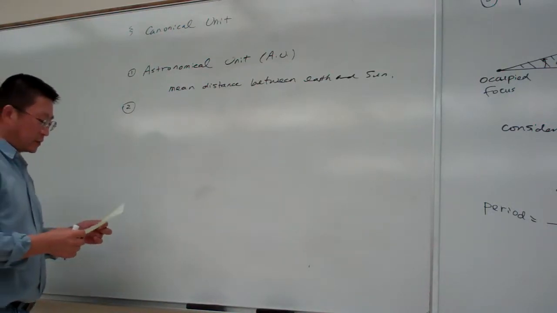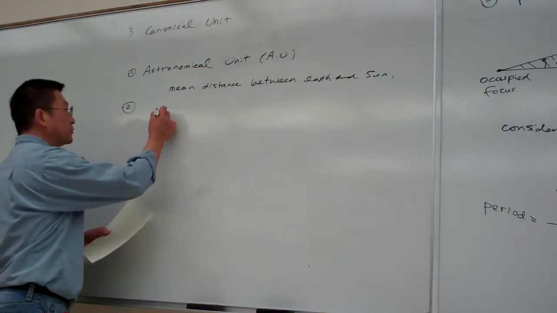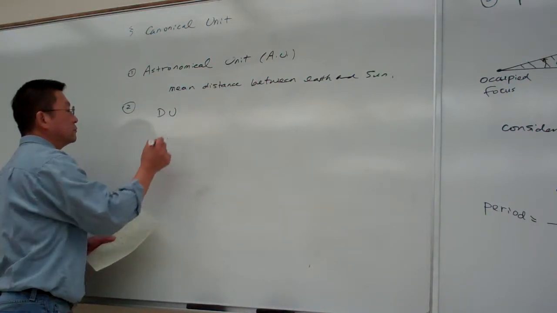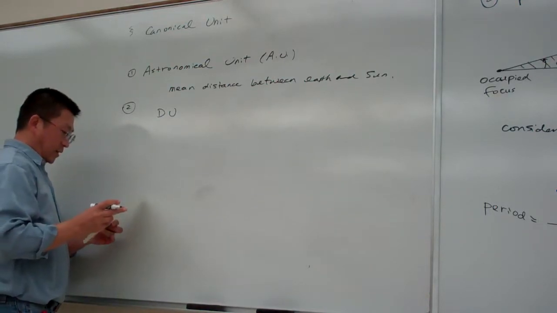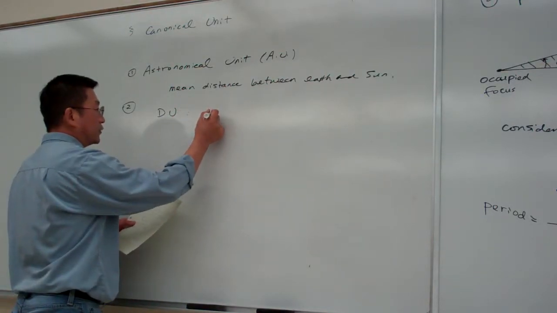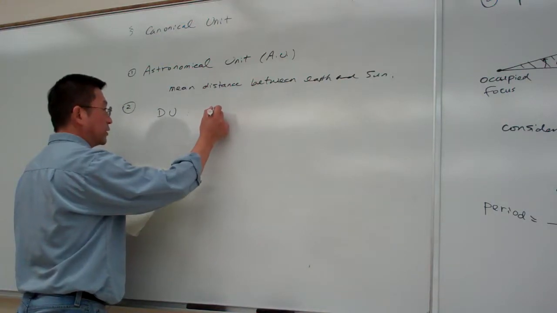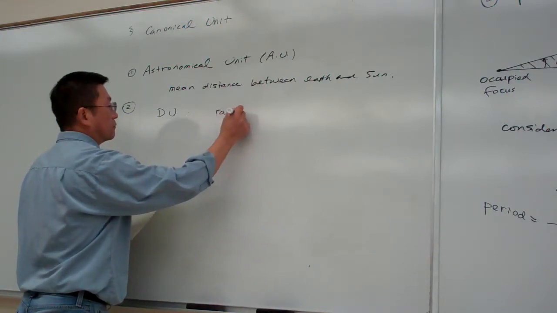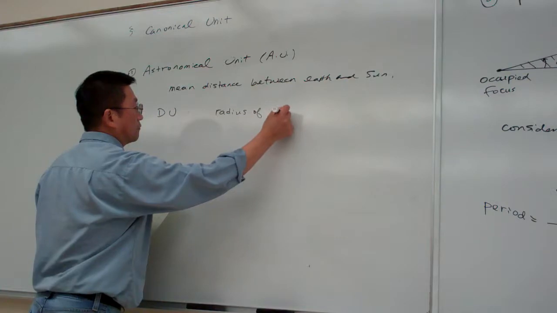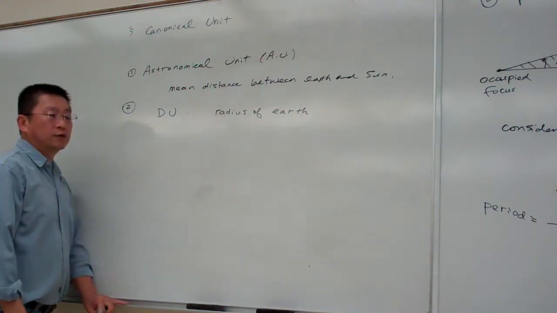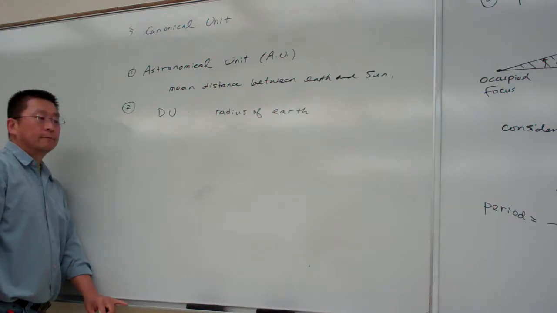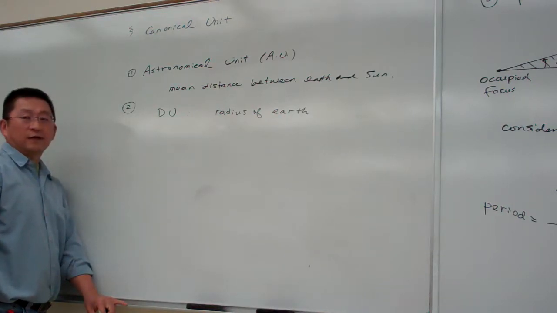The other commonly used unit is DU. DU is another unit, the Earth's radius. And DU has been commonly used for describing, say, launching satellites.